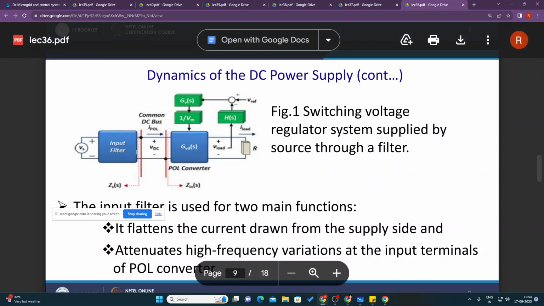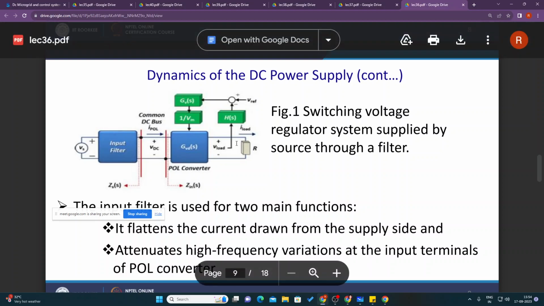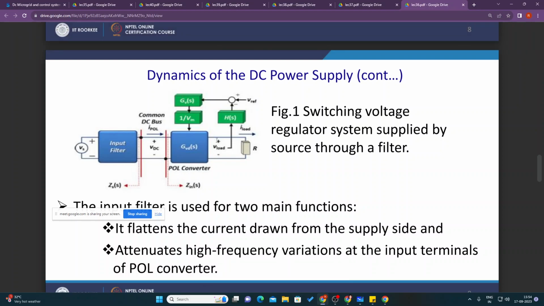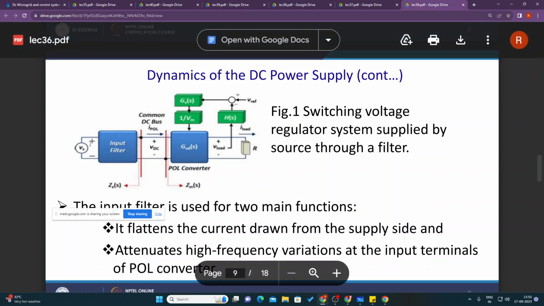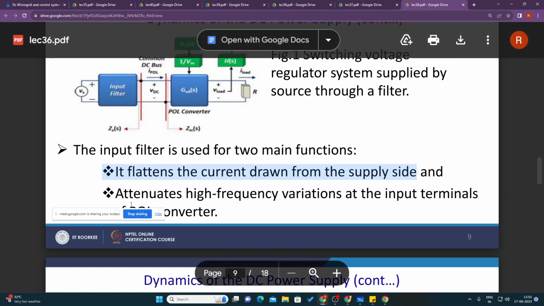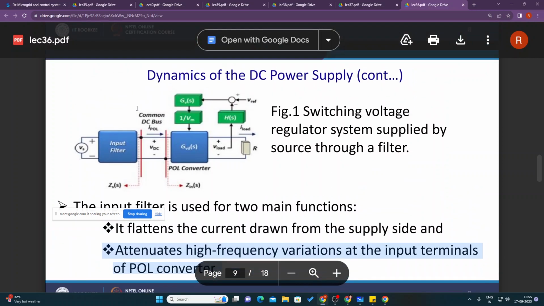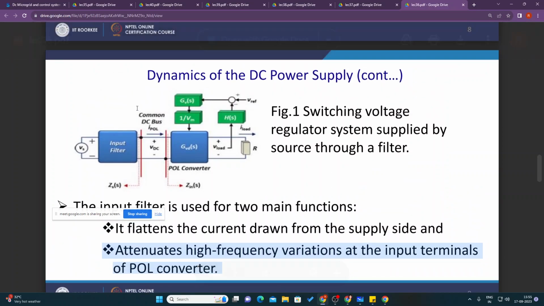Now we have to design an input filter in such a way that no ripple in voltage or current should be reflected on the input side. So that's why we need an input filter. What it does is it flattens the curve drawn from the supply side, and it attenuates the high frequency component at the input terminal. So that is the main idea.